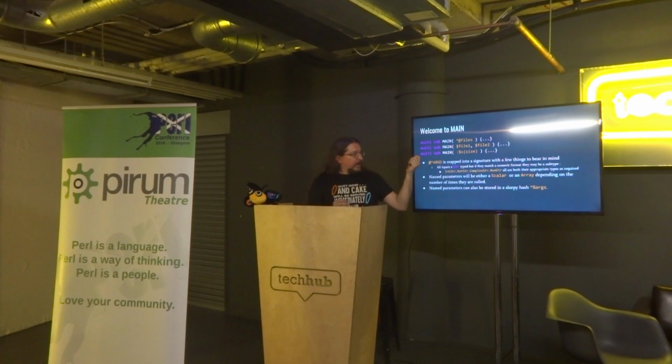One thing to look out for is named parameters. If you define a named parameter, there's nothing stopping someone calling it multiple times. If they call it multiple times, then the variable you get will be an array object, whereas if they only call it once, you'll get a scalar object, so a single thing.